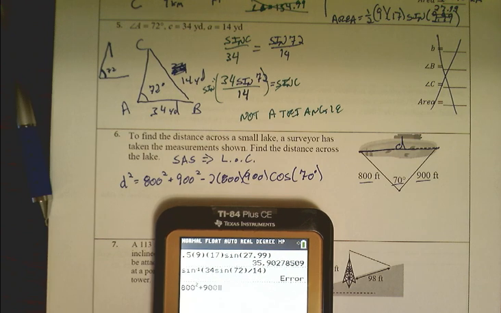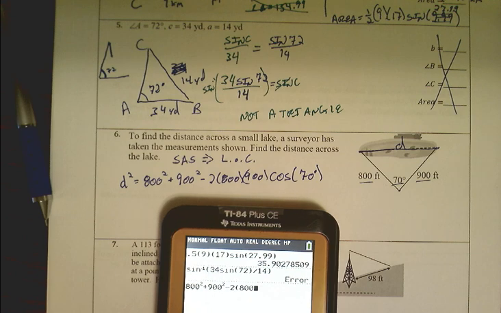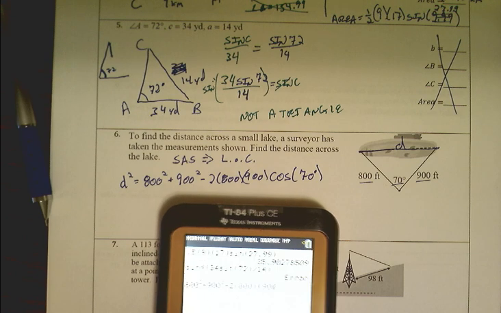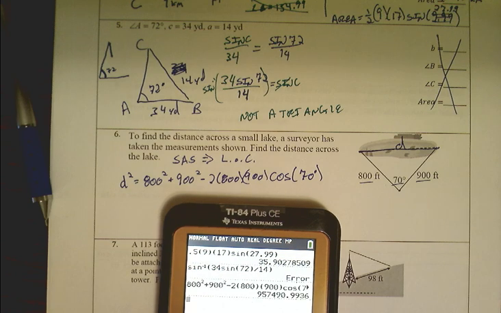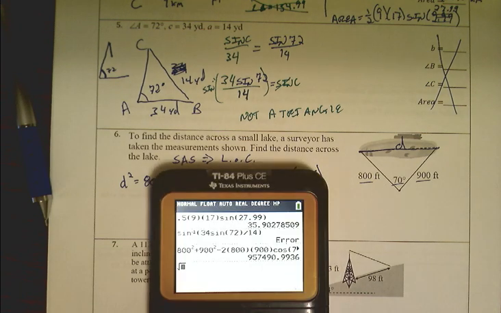800 squared plus 900 squared minus 2 times 800, 900 cosine 70. So we get that big number right there, but remember that number is squared, so we need to square root it.